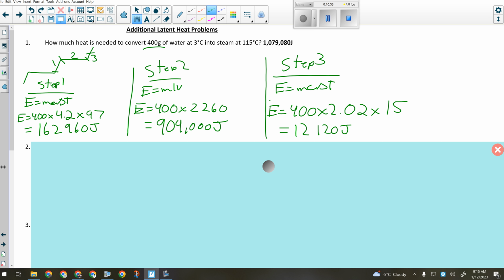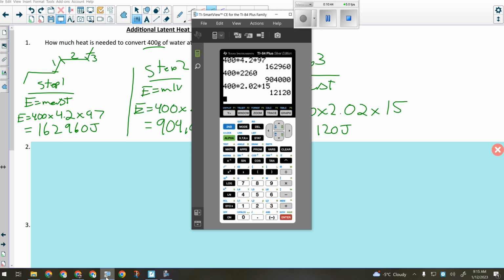What would I do with those three numbers? Add them up, right? We're looking for the total amount, so plus that number, plus that number. So we're looking at 1,079,080 joules.